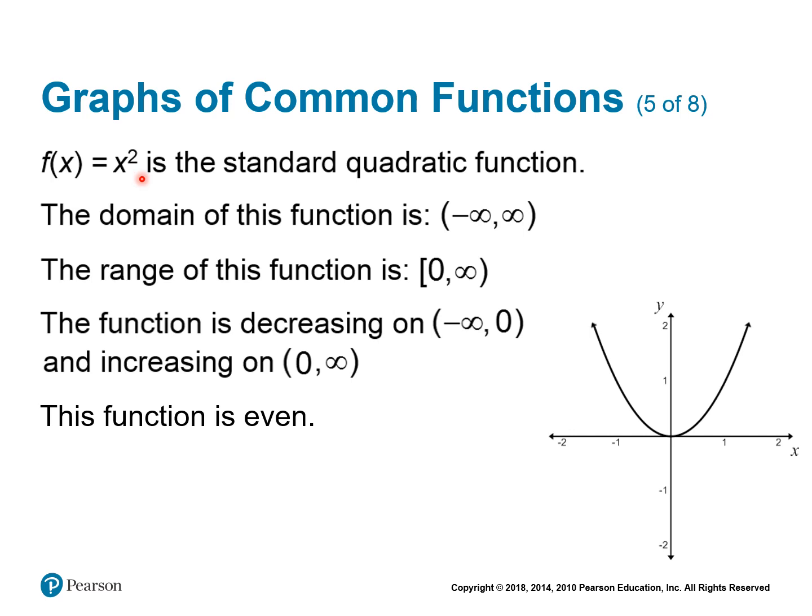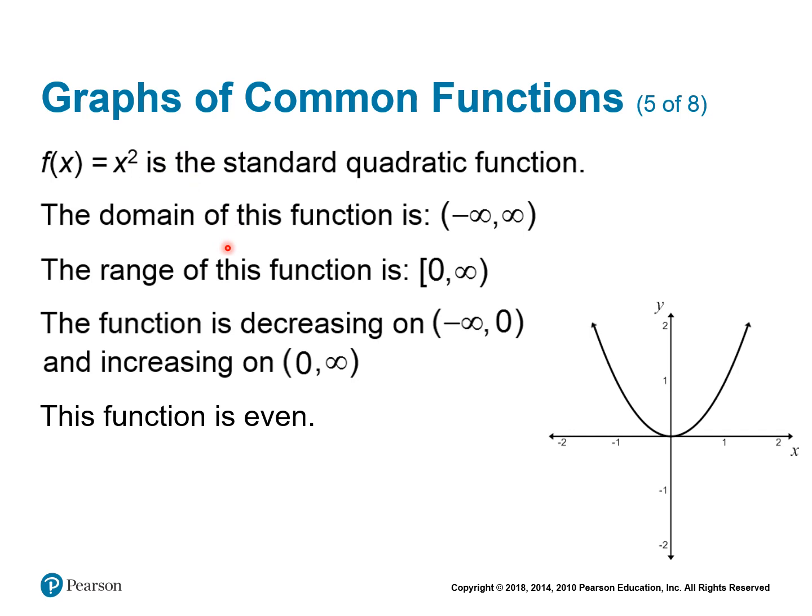But we should understand what the properties of the quadratic function are. The shape of the quadratic function is a U-shaped graph turned up. That's the graph of the basic function, which is f of x equals x squared.